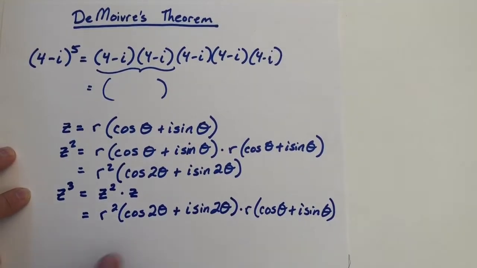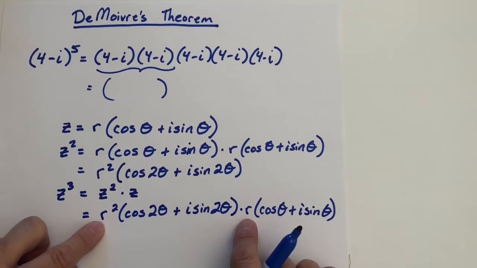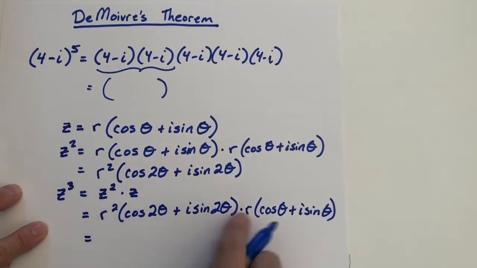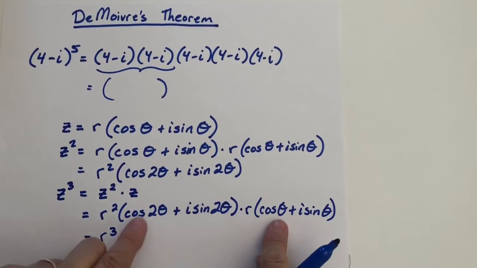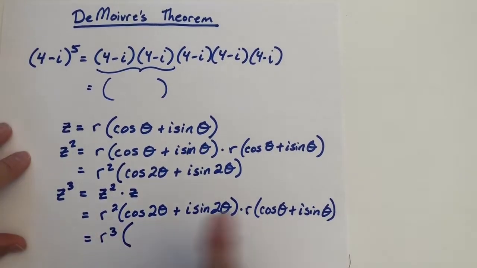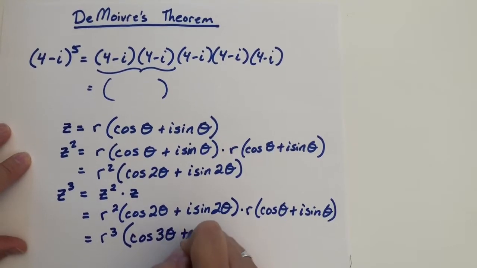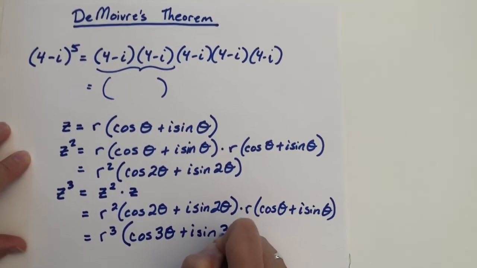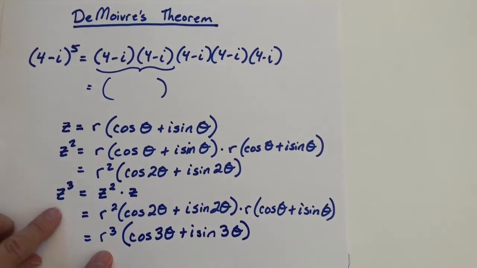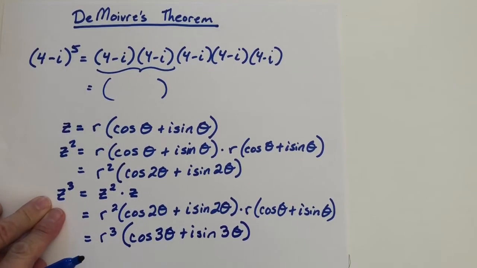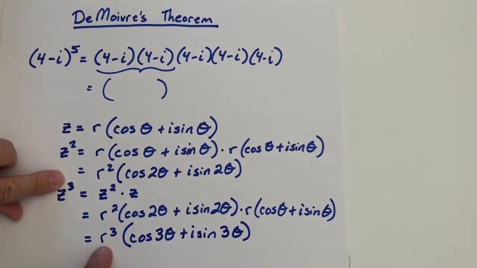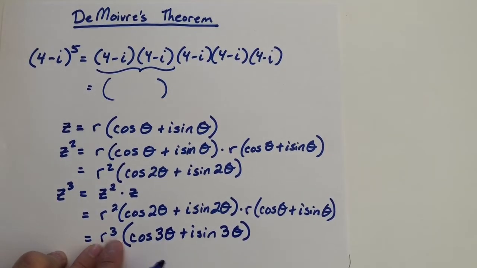And again, I multiply these magnitudes together, so r squared times r is r cubed. And our angles, we have 2 theta plus 1 theta, that's 3 theta, so we have cosine 3 theta plus i sine 3 theta. And notice what we have. When we were raising this complex number to the 3rd power, we would raise the magnitude to the 3rd power and multiply the argument or the angle by 3.